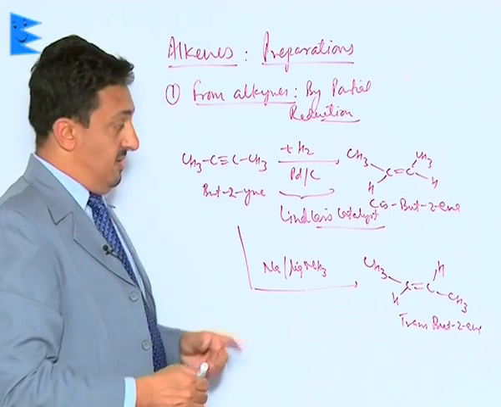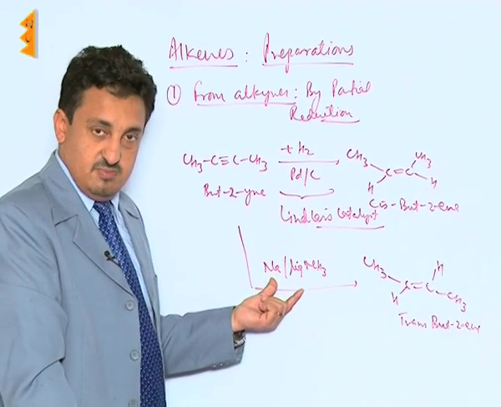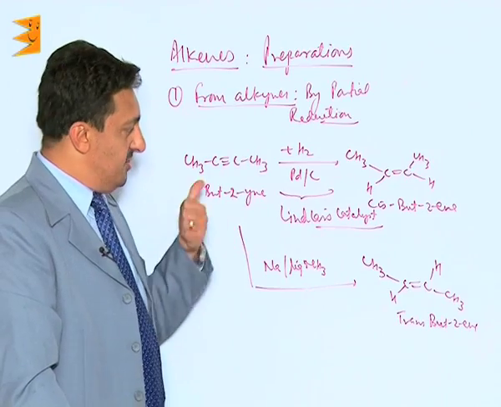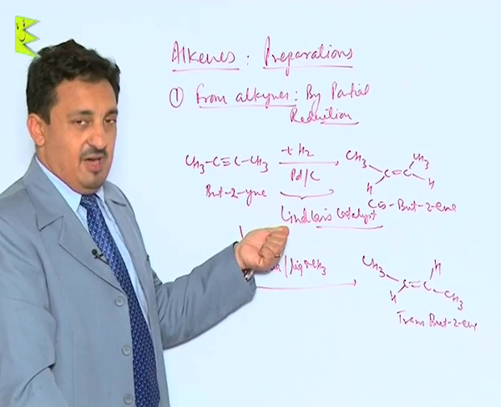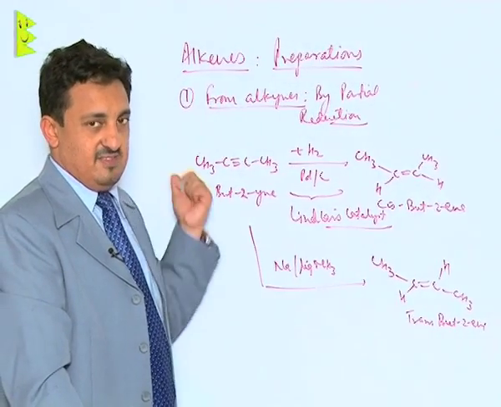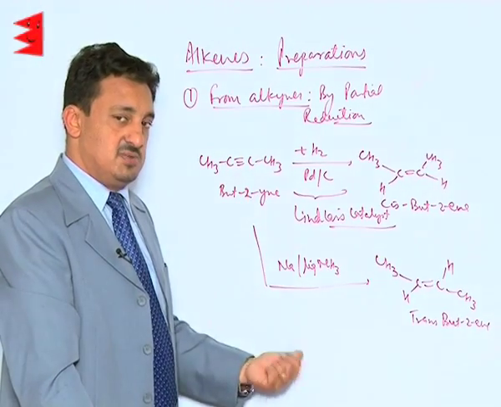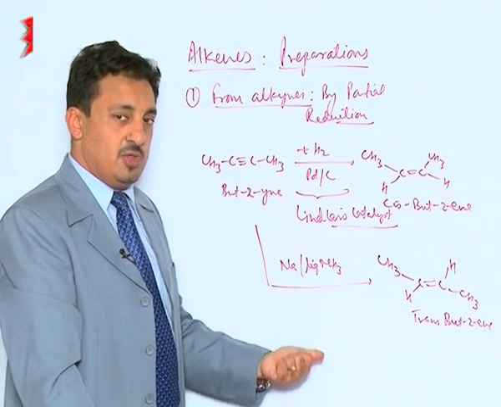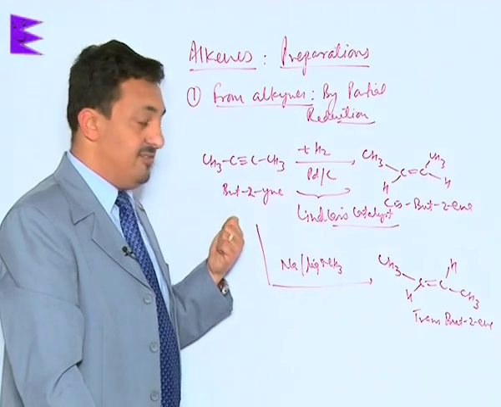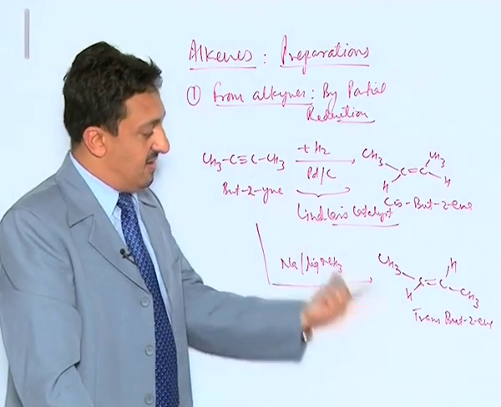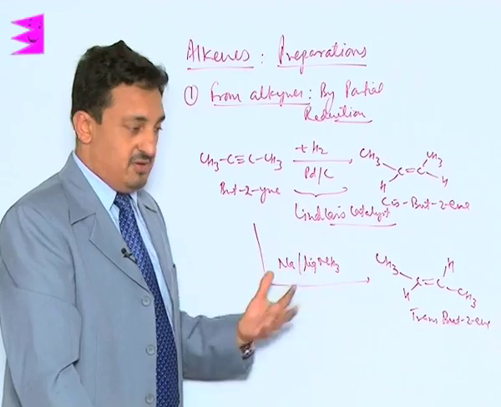This is called Birch reduction. So Lindlar's reduction, a partial reduction of alkynes, gives us the cis-alkene. Birch reduction, using sodium and liquid ammonia, on partial reduction of alkynes gives us the trans-butene. That's the most important thing to note.